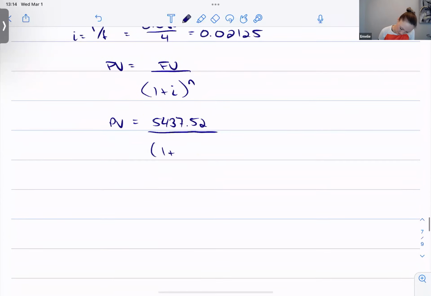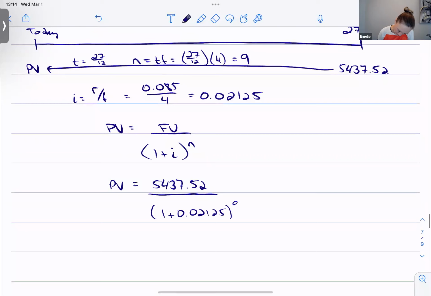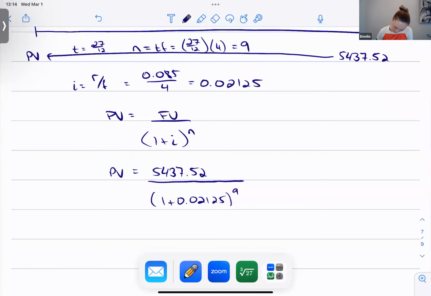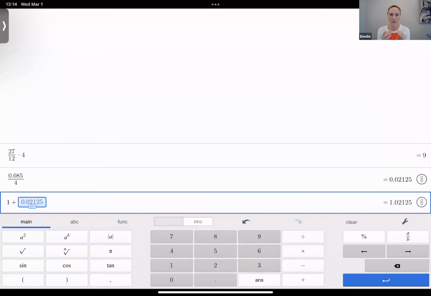5,437.52 over 1 plus 0.02125 to the power of n, which is 9. Okay. Let's see if I can remember. So 1 plus the previous answer. Right, so I just want to show you again. I start in the center of the brackets.